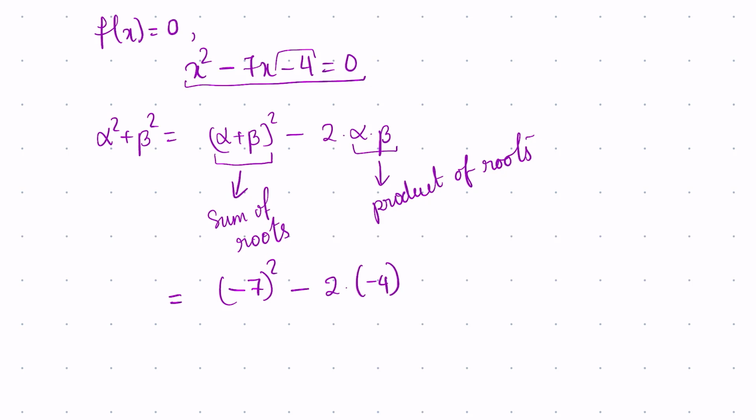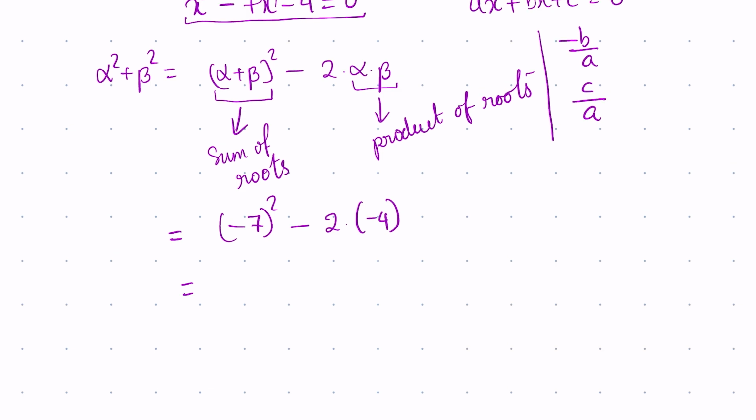You need to be careful with the signs. So if the standard quadratic equation is in this form, the sum of roots is what? Minus b by a, that's sum of roots, and the product of roots is c by a. So that's what we're using here.